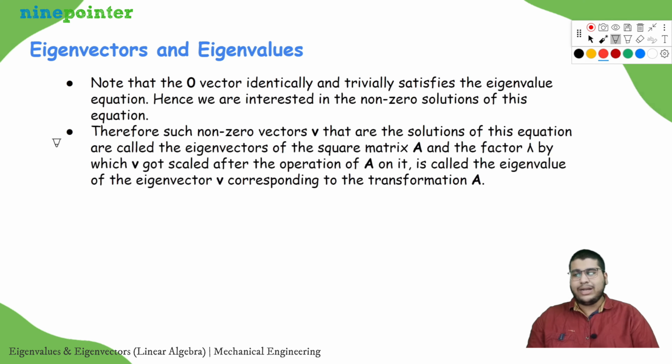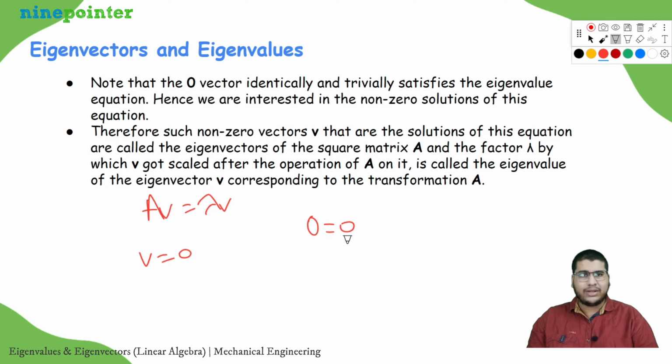So if we look at this equation yet again, AV equal to lambda V, and plug in V equal to 0, we get 0 equal to 0. Well, this is the solution that is not of interest to us. So we trivially ignore it and we stick to the non-zero vectors V that are the solutions of this equation. All right.